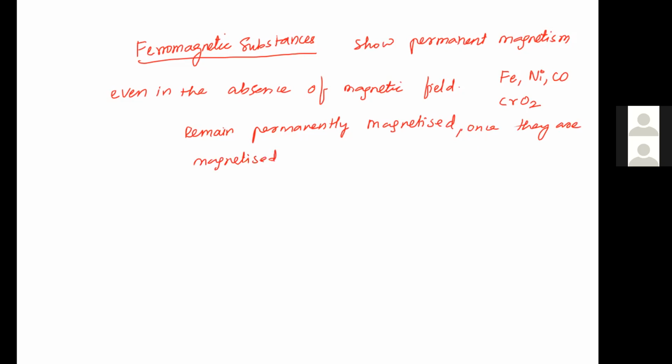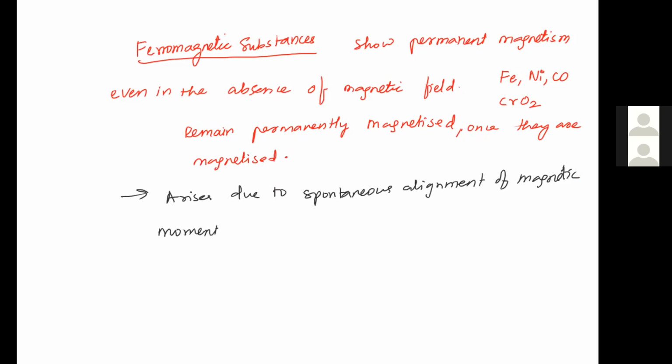How does this arise? This arises due to spontaneous alignment of magnetic moment due to the unpaired electrons in the same direction.